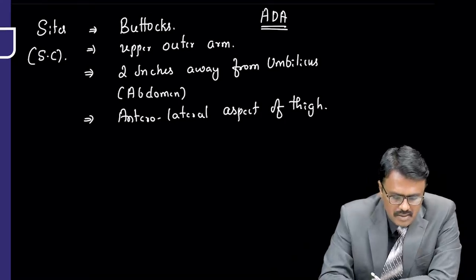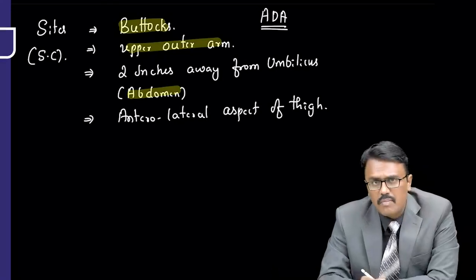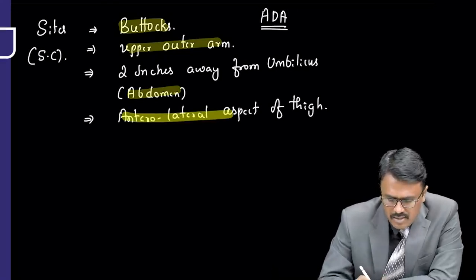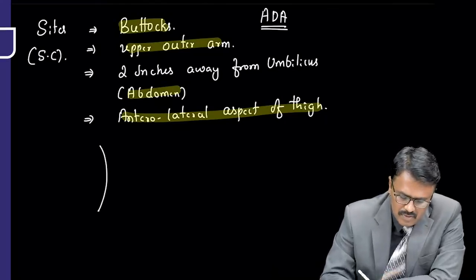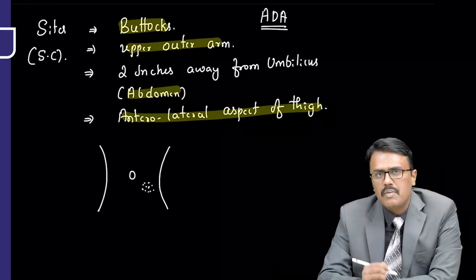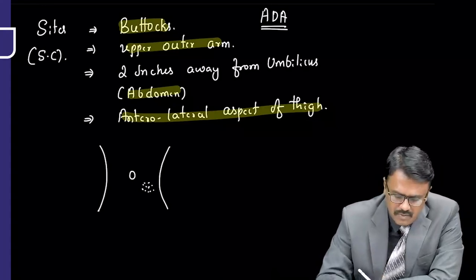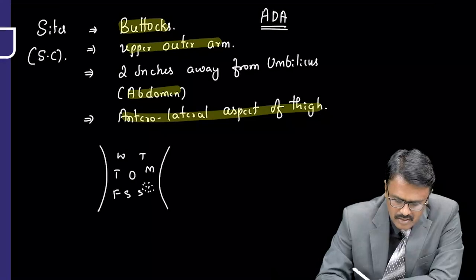So number 1, the buttocks, upper outer arm, abdomen, don't give it at the umbilicus, and the anterolateral aspect of the thigh. The problem is when we give insulin, suppose this is the umbilicus, if you are giving the insulin at the same site, then the problem of lipodystrophy occurs. So the better way is to rotate the site: Monday, Tuesday, Wednesday, Thursday, Friday, Saturday, Sunday, like this.